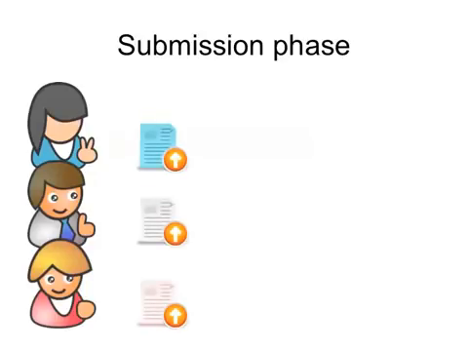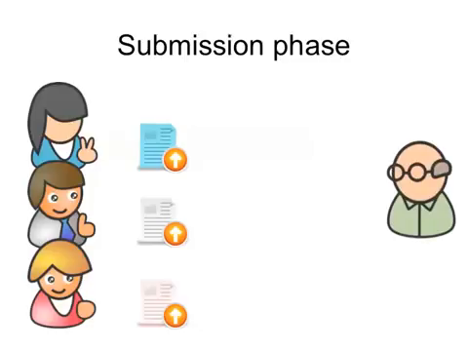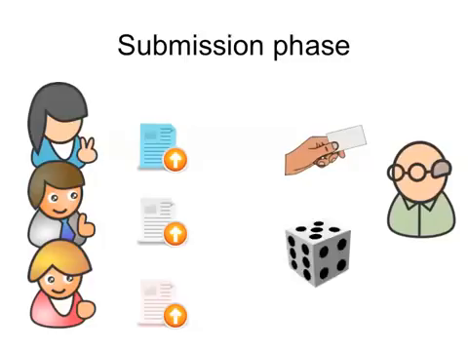The submission phase is when the students upload their work. They can either upload a file, or they can just write text in the online editor. Now, the online editor is useful if you use an iPad, for example, because you can't upload files. Once all of the papers have been uploaded, then the teacher can manually allocate papers to be graded by other students, or it can just be done randomly.